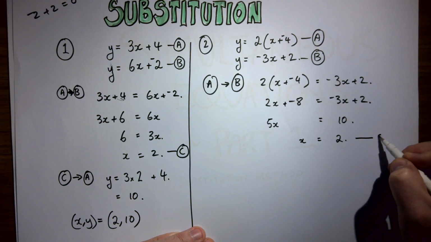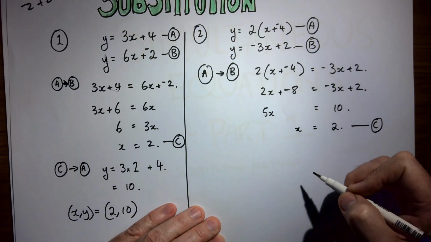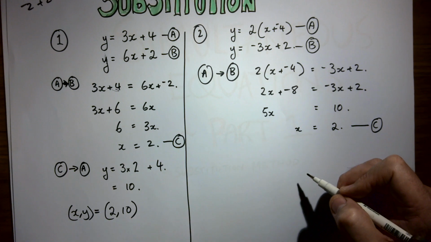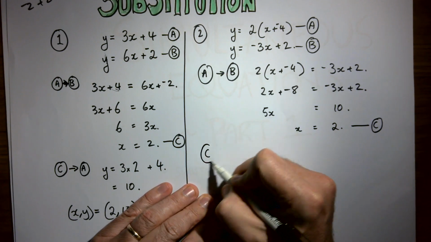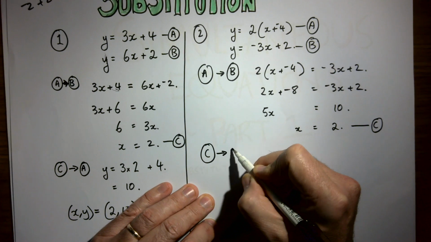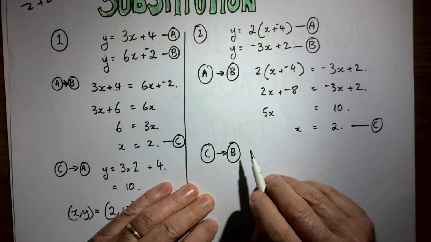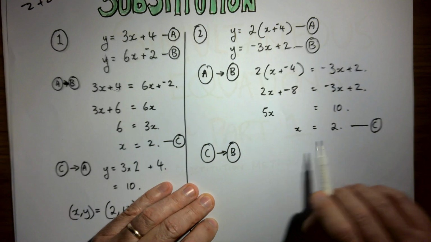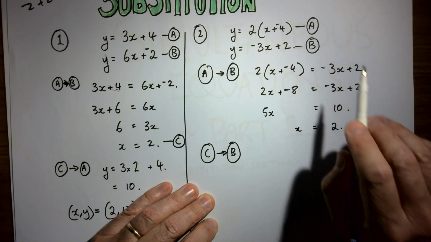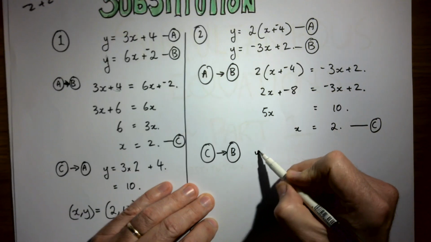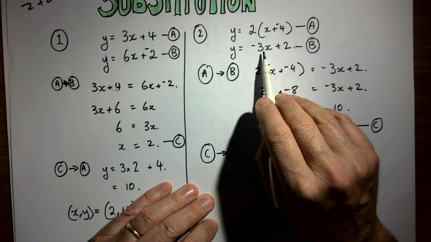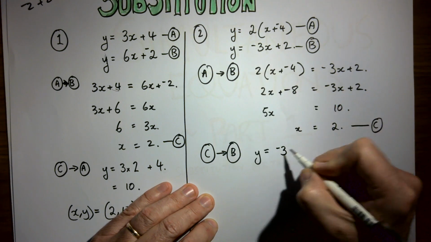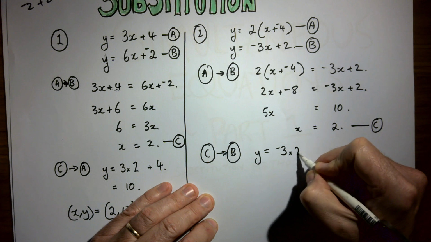Righto, let's call that C. Gosh, which one are we going to go into? I'll go into B again. Why not? Okay, so C is going to go back into B. Okay, so it's going back into this one. Substituting in. So y equals, so everywhere I've got x, I put the 2.